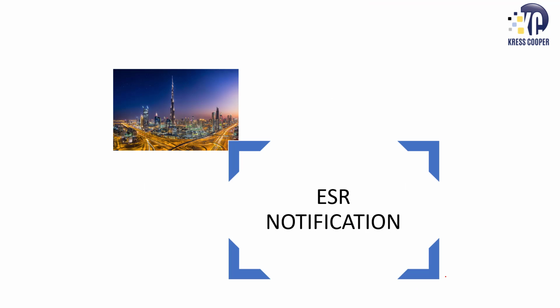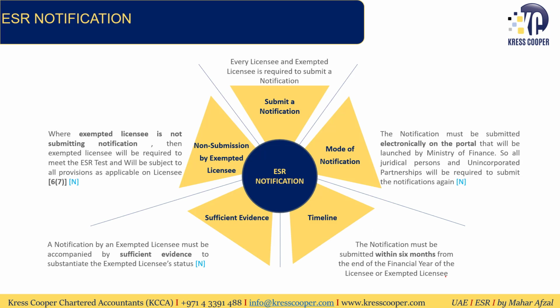Now we need to discuss the ESR notification. In our previous discussion, we had discussed that every licensee and exempted licensee is subject to notification. We had concluded that the notification must be submitted on the electronic portal that will be issued by the Ministry of Finance. We had decided the notification must be submitted within 6 months from the end of the relevant financial year.